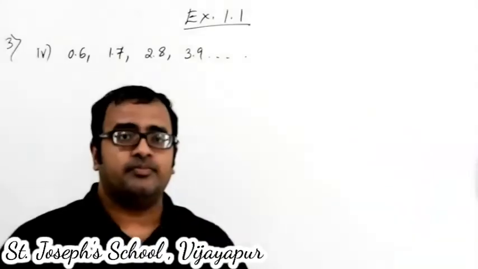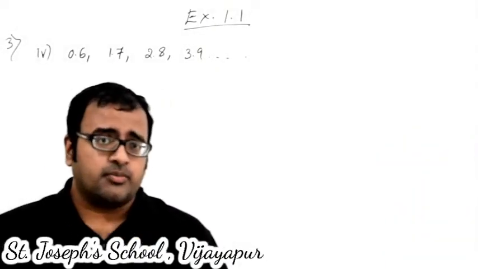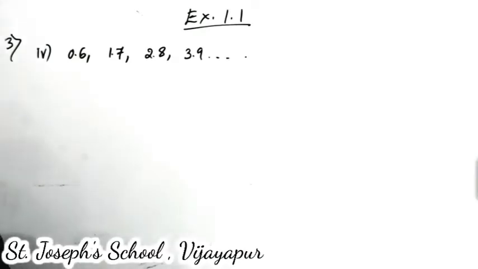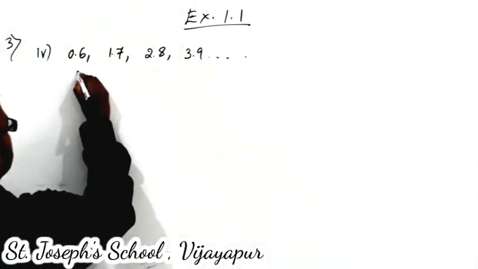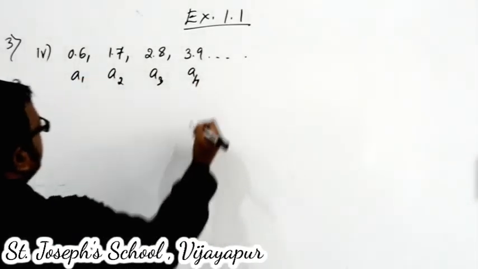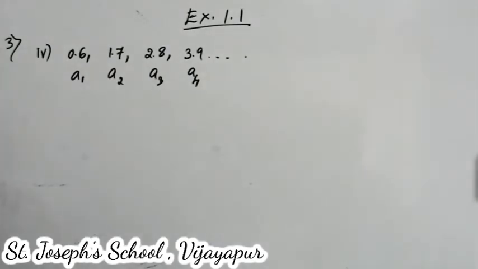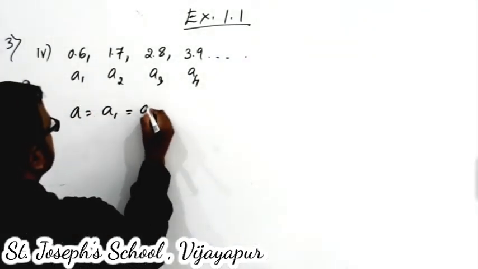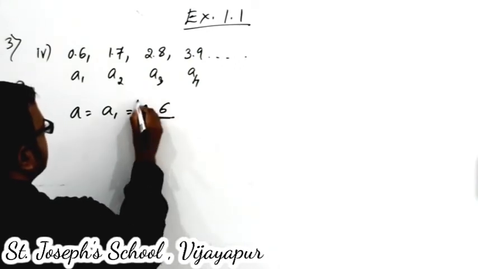The fourth sub question goes like this: 0.6, 1.7, 2.8 and 3.9. We will denote them as A1, A2, A3, A4. Now, we have to find the first term, A. A is A1, nothing but 0.6.